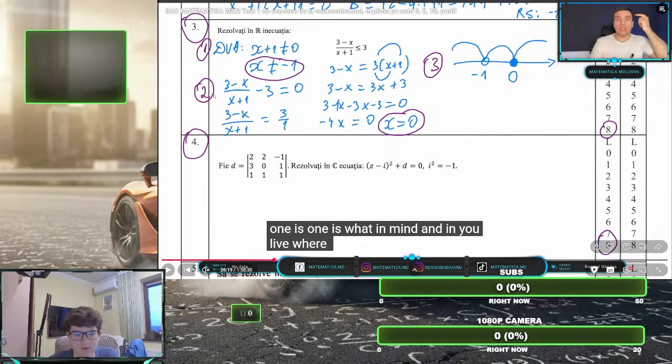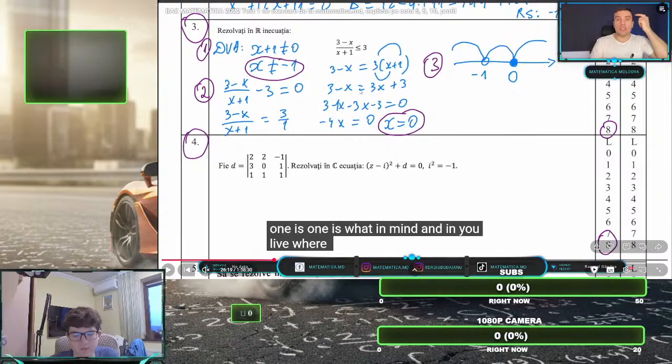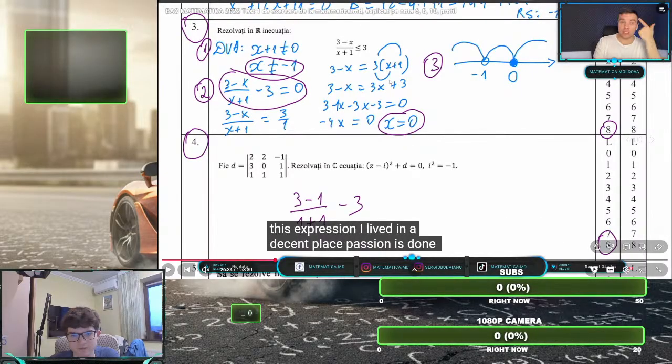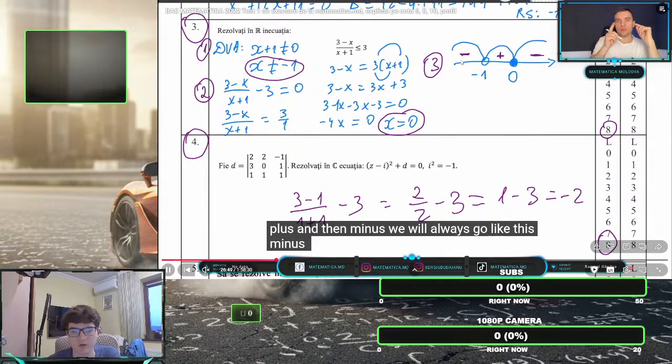So you'll have 3 minus 1 divided by 1 plus 1, which is 1 minus 3, so it's going to be minus 2, so that's negative. So basically it's going to be negative towards the end, and then it goes like plus minus. That's how all this goes, kind of.